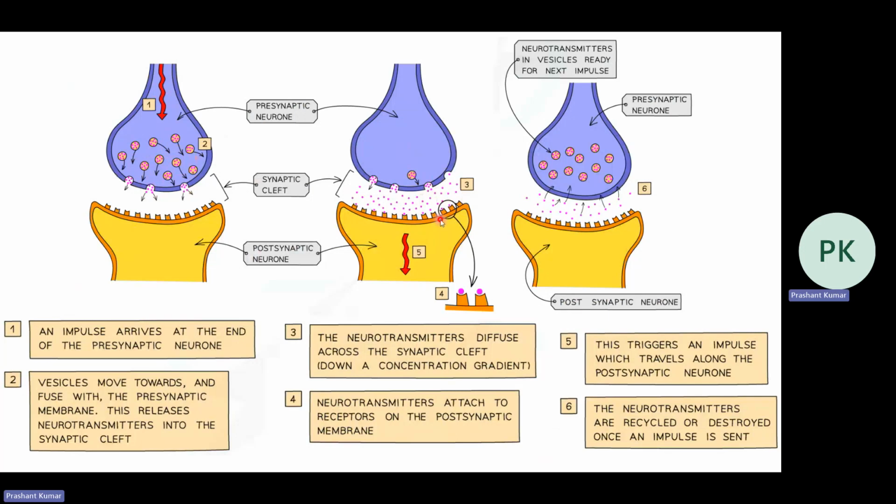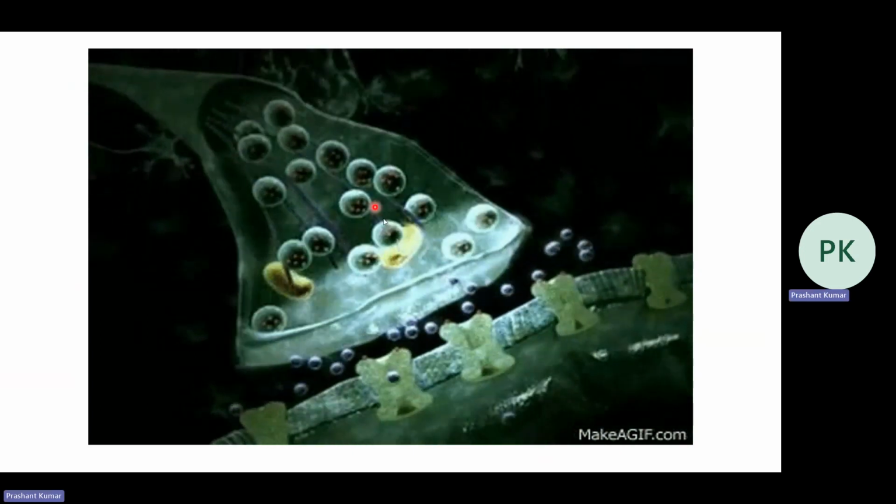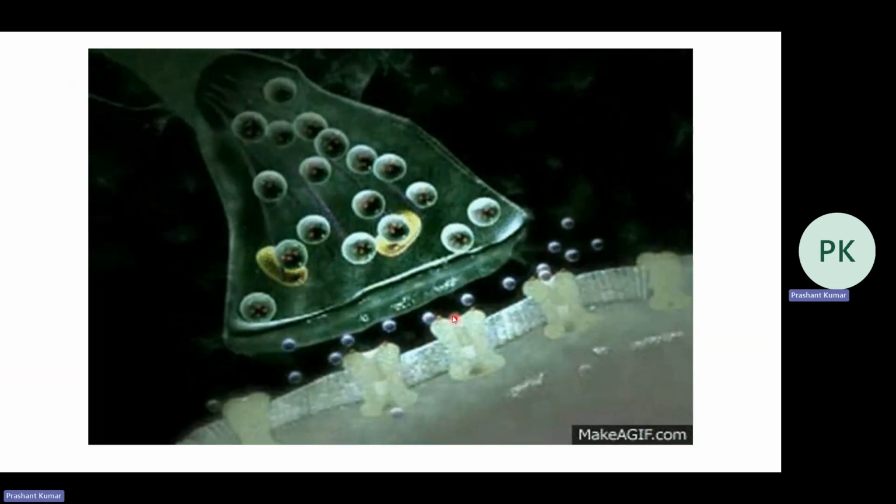In this way the information goes through. It's very important to degrade the unused neurotransmitters, because if they are not destroyed, they will keep sending impulses to the next neuron when it is not required, right? So these must be degraded. You can see the vesicles released into the gap, and then the receptor molecules.